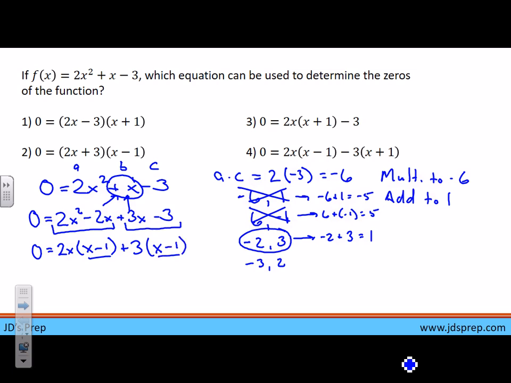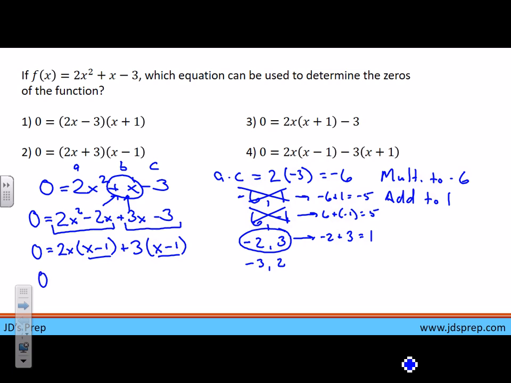And as I had hoped for, I got the x minus 1 in both halves. Since I have x minus 1 in both of those halves and they're being added or subtracted together, I can factor that out as well as a common factor.